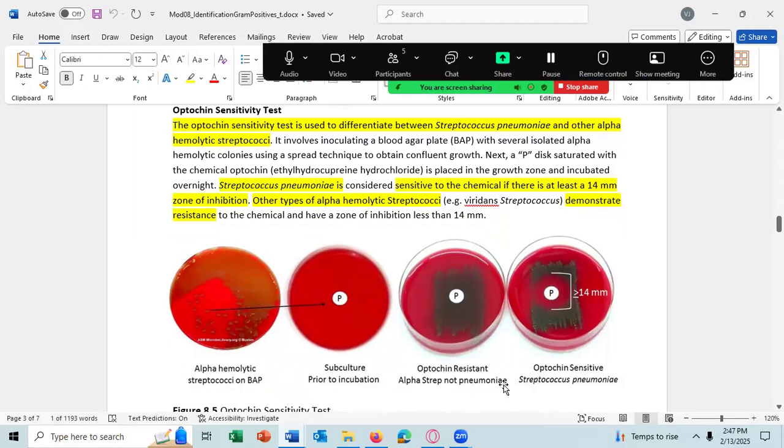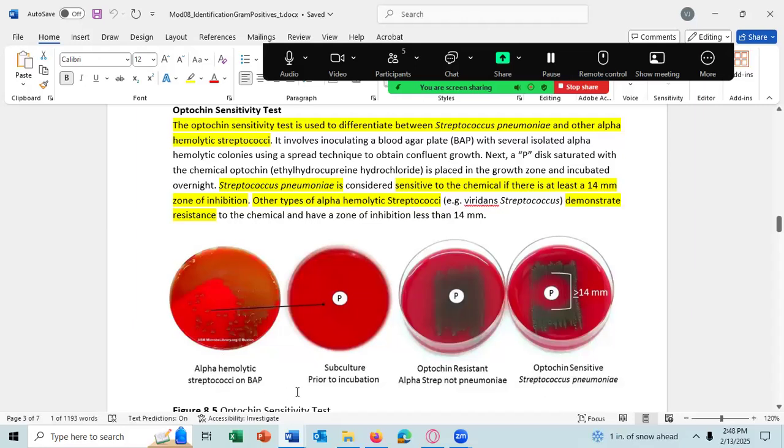If, on the other hand, the optochin sensitivity test is positive, meaning it has a zone of inhibition greater than or equal to 14 millimeters, then it is Streptococcus pneumoniae, assuming there's an alpha hemolytic pattern on the blood agar plate, and you know it is a member of the Streptococcus family.